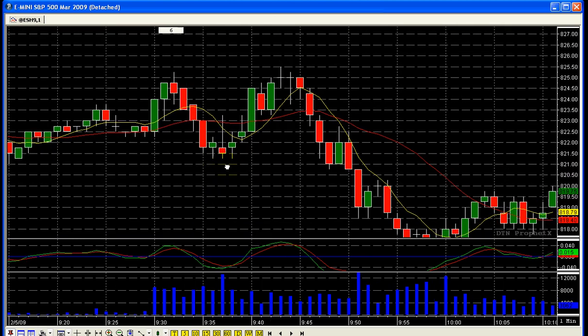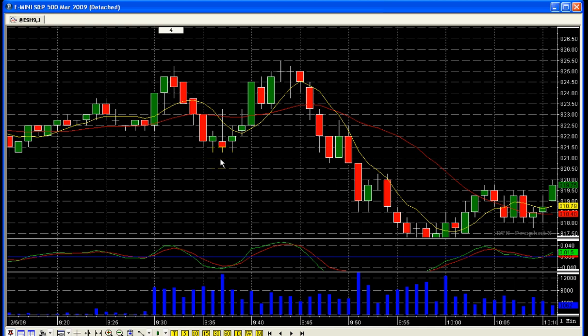Now, I felt this was a good signal, but just like in gambling, some hands are just not going to go your way. I entered this trade going short right around here. What I was reading is I felt like it was going to be a downtrend and continue after this little support line here. I thought it was going to keep on breaking and going down. Well, I was wrong, and I lost that hand.